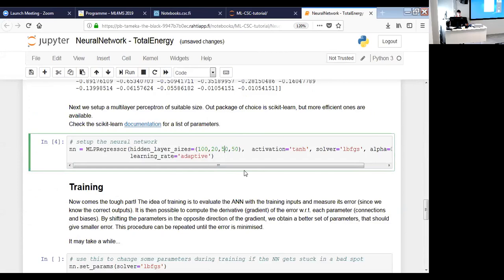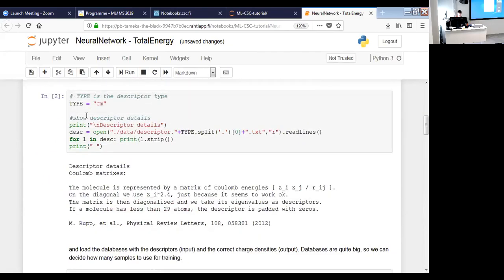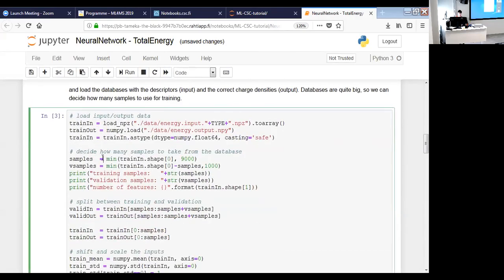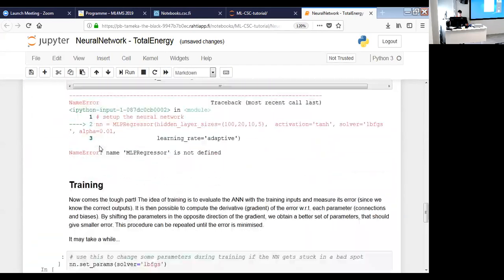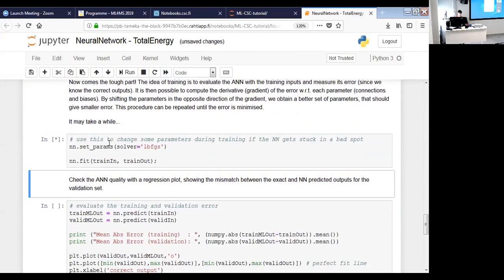I'll make it smaller. Okay, I have to rerun. The kernel died completely, so. Okay. Seems like it's doing something.